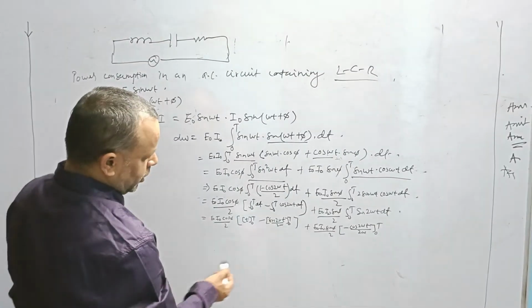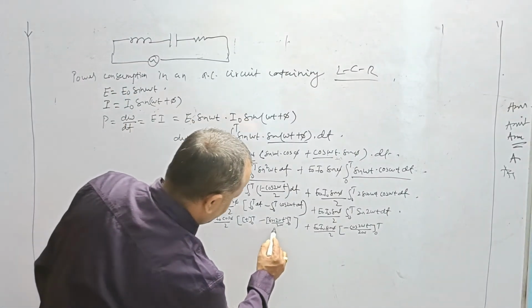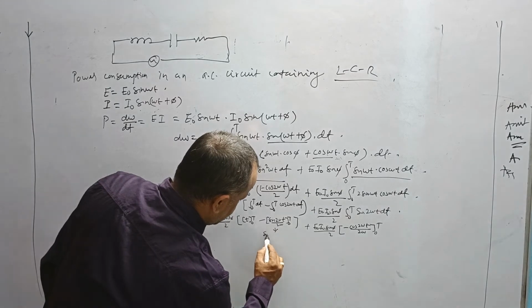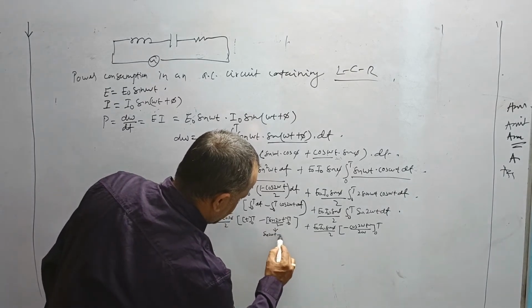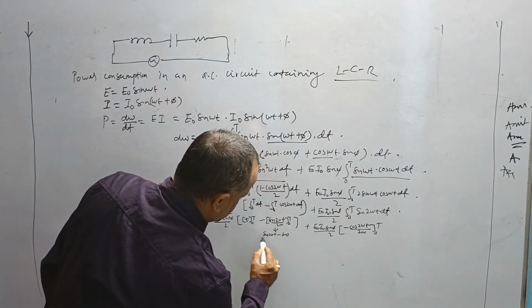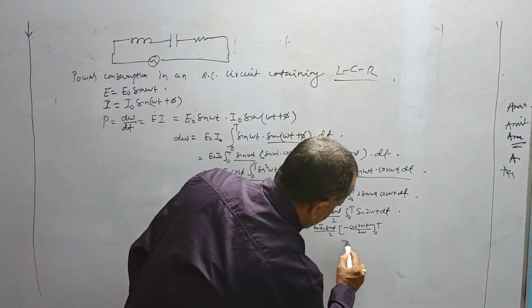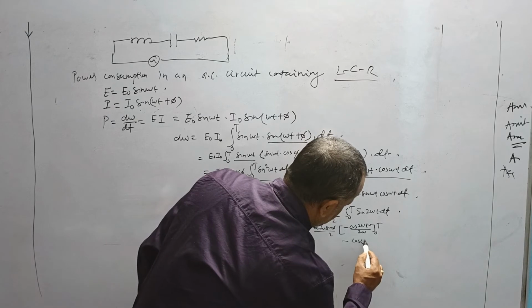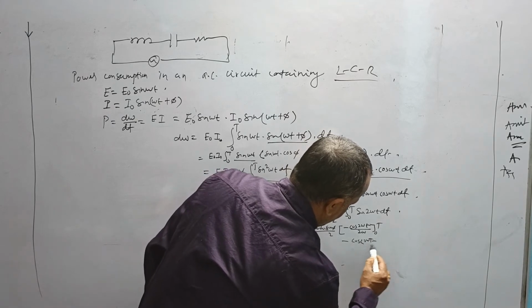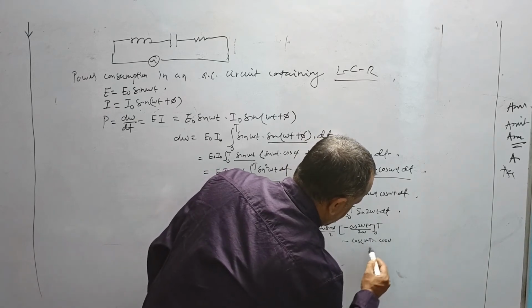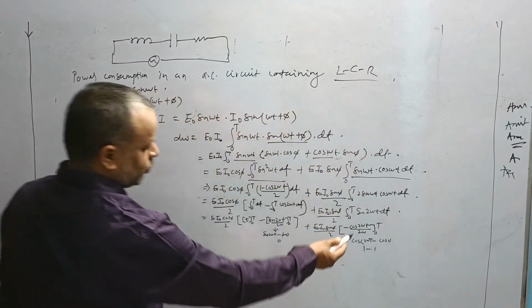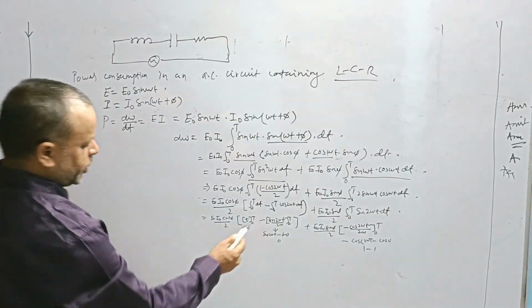Over here, sin 2 omega t minus sin 0, both become 0. In this case also, cos 2 omega t minus cos 0 becomes 1 minus 1. So it won't contribute anything.